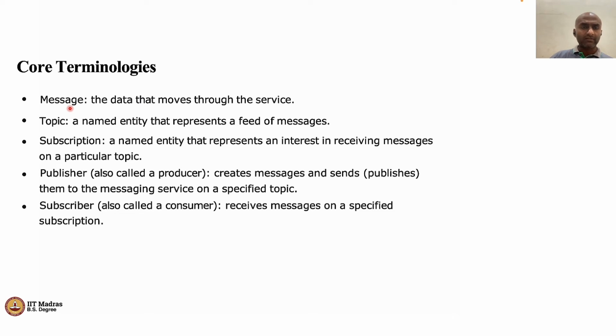That topic of orders is not something that would be published into by the other publishers like the packaging service when it's ready or the logistics provider when it's ready to deliver, etc. Because those are completely different contexts. They will have their own topics, right? That's good design. So the packaging service will have its own topic, which is called, let's say, package status, as an example. Logistics will have its own.